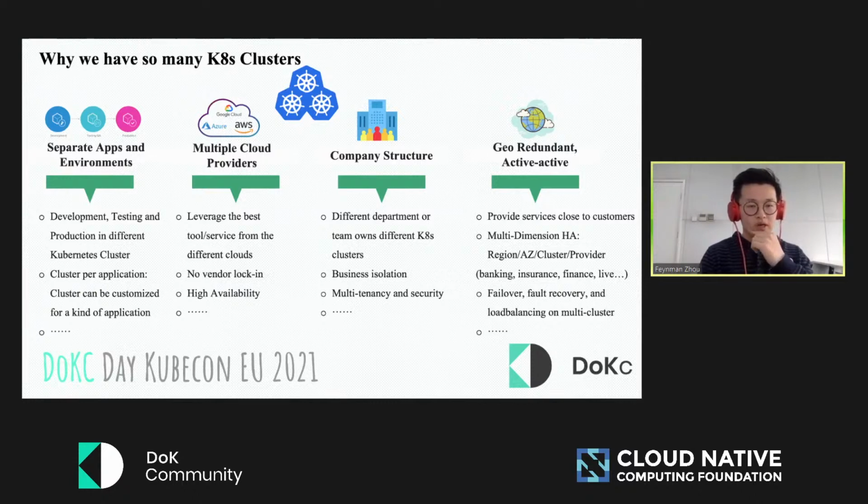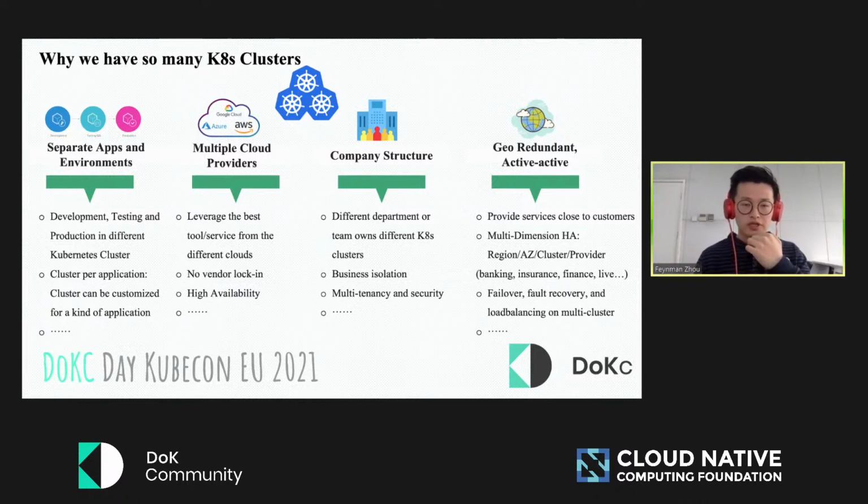And the last, especially we can see this scenario in banking, insurance, finance, and the live industry. For geographical redundancy, we need to choose a multi-cluster model. If you want to provide services close to customers and you want to build multi-dimension high availability by using multiple regions, available zones, clusters, or cloud providers, so you have to build multiple Kubernetes clusters across different regions or available zones.